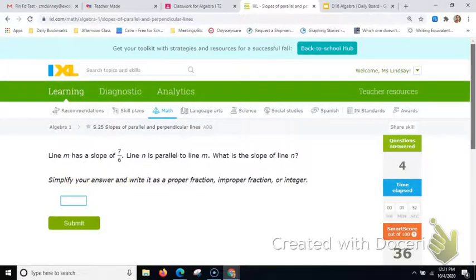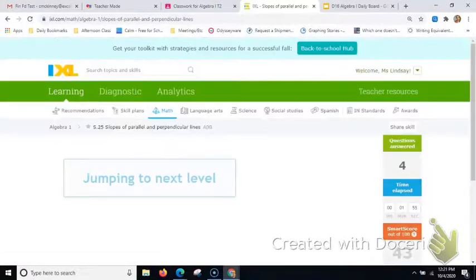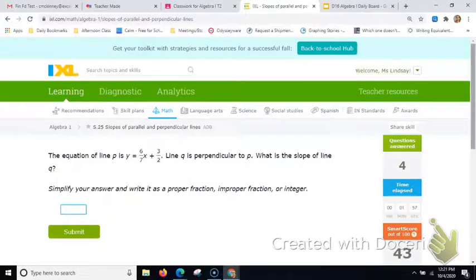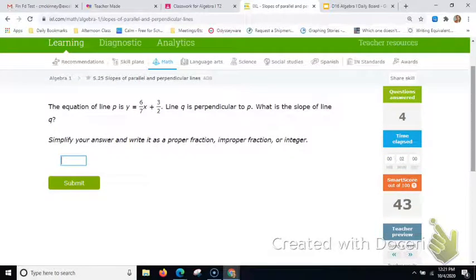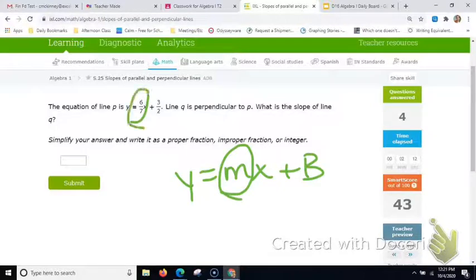So if they give you the slope, pretty straightforward. Now they give us an entire line, and we have to remember which of those two numbers represent the slope. So the slope, remember, y equals mx plus b. So the slope is going to be the number in front of the x. So the 6/7 is the slope, and then perpendicular, so I'm going to flip it over to get negative 7/6.